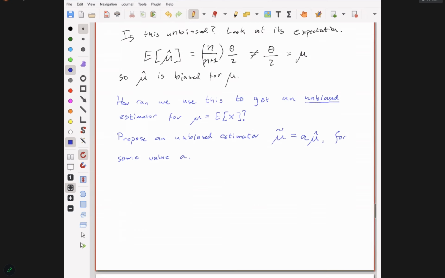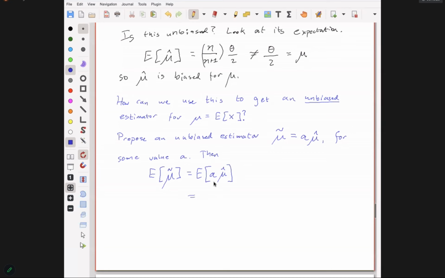Okay. And so then, let's look at the expectation of mu tilde. This is equal to the expectation of A times mu hat, so that's just substituting in what we defined for mu tilde.